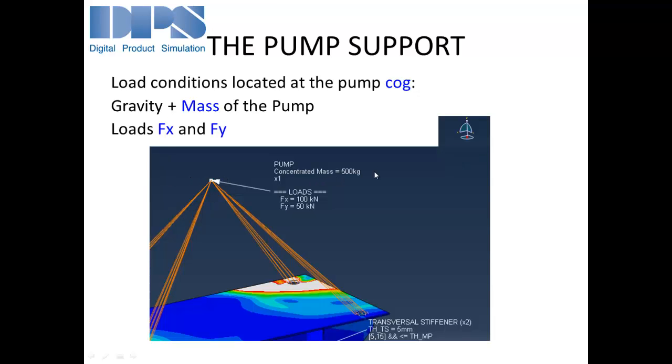The mass of the pump is 500 kilograms, and we also have loads Fx and Fy, pretty strong: 100 kilonewton and 50 kilonewton along X and Y respectively. All of this is applied right at the center of gravity of the pump.